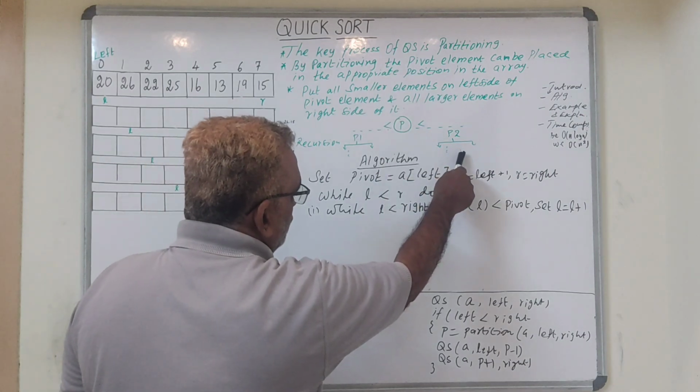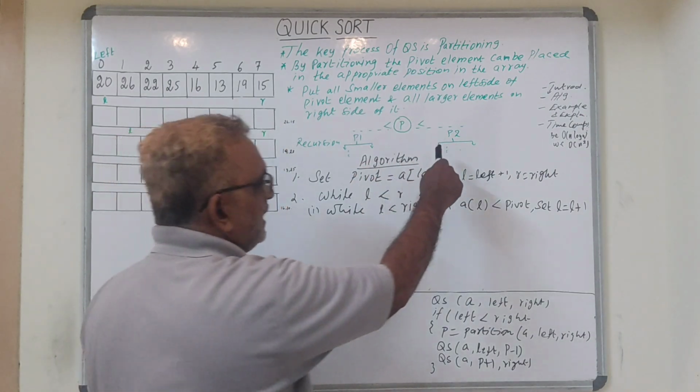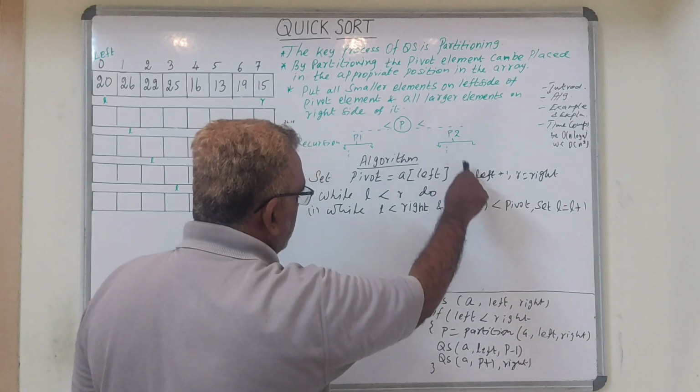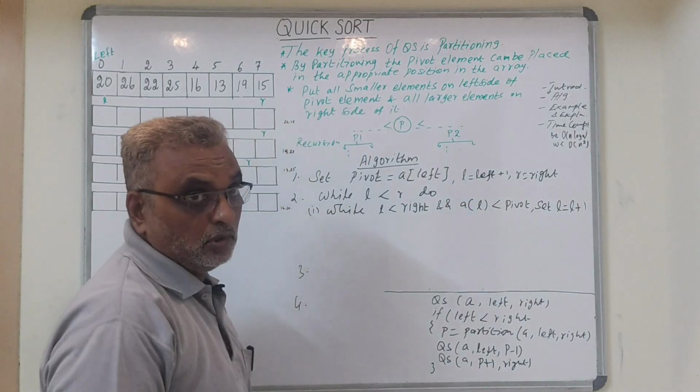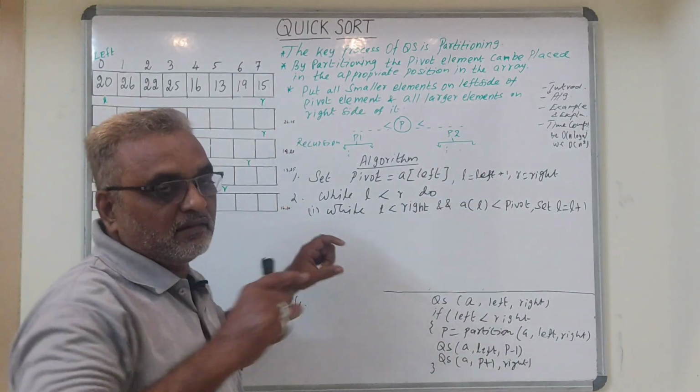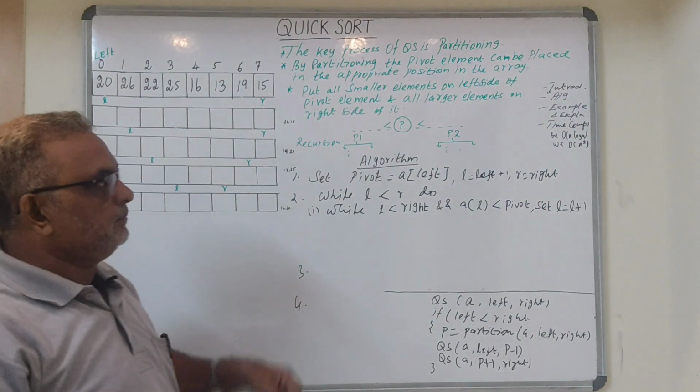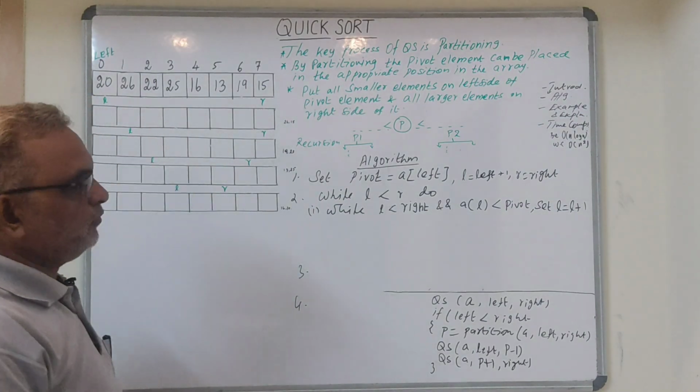Similarly, on partition 2, you have to select a pivot element and do the process of partitioning again, till the entire list gets sorted.